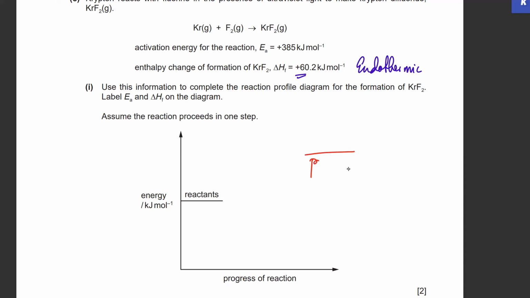The products end up higher because they're gaining energy overall. So the enthalpy change is the energy they gain. Delta H is the overall energy change, and that's plus 60. They wrote this as delta Hf.